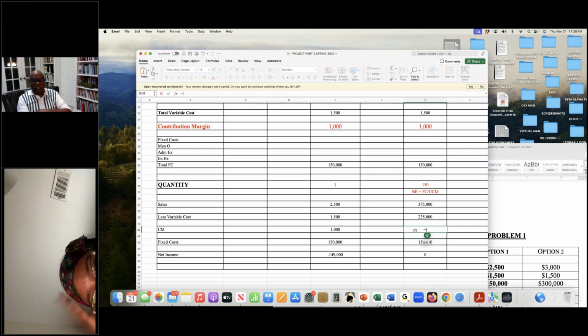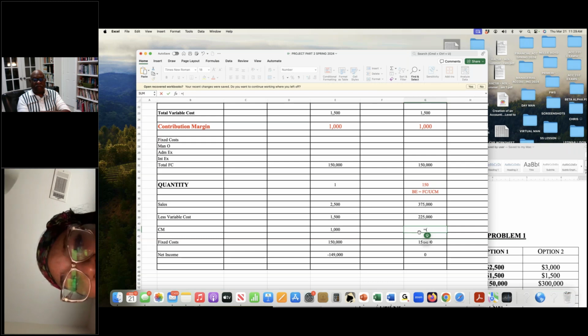Now we need a contribution margin, and we can get this several ways. So what kind of equation do we want for the contribution margin? Would that be the 25 minus 15?